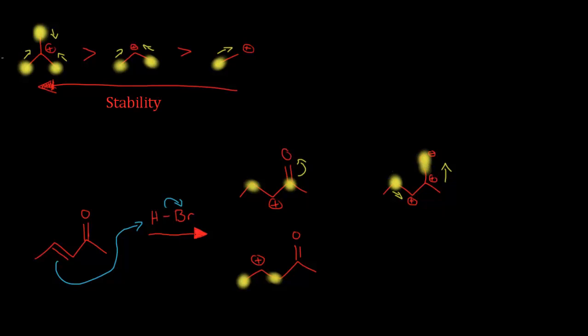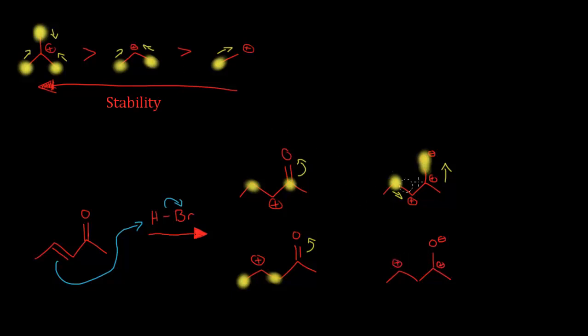Now, if we look at the bottom structure over here, you get this when it is being resonated. You get this structure. Let me draw the oxygens over here, and this positive charge over here, and you have the positive charge over here.